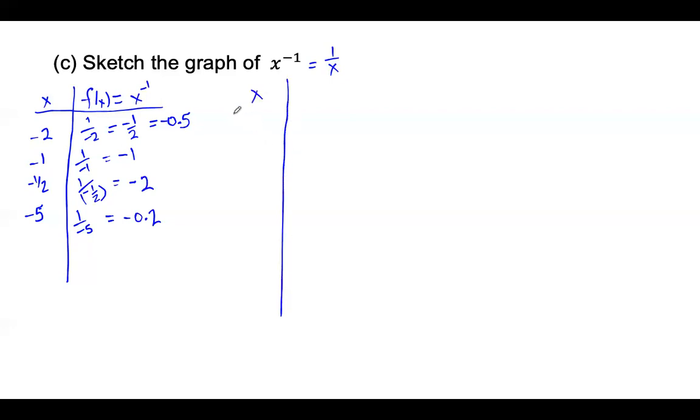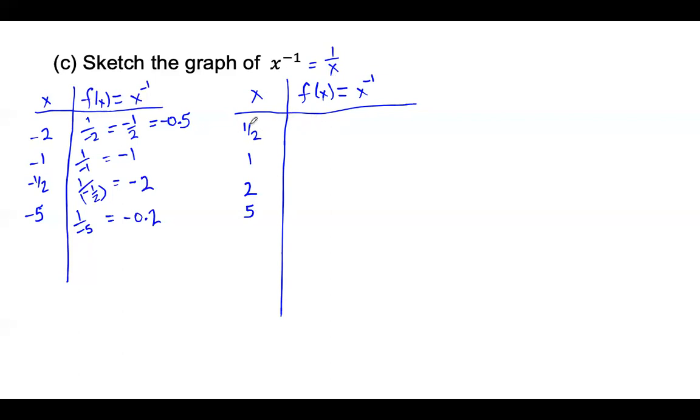I'm just going to do another table, some positive values. So let's choose maybe 1/2, 1, 2, and 5.